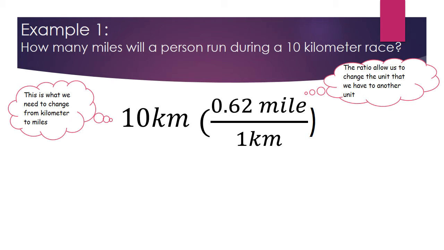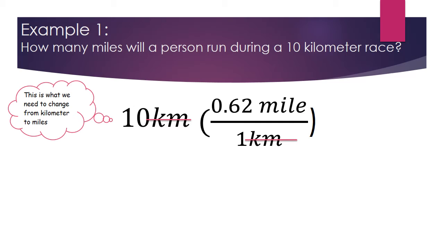This will help us cancel the units. Kilometer cancels with kilometer, and we end up with 1 unit, which is mile. This is what we want, so all we need to do now is multiply 10 times 0.62, which is equal to 6.2 miles.